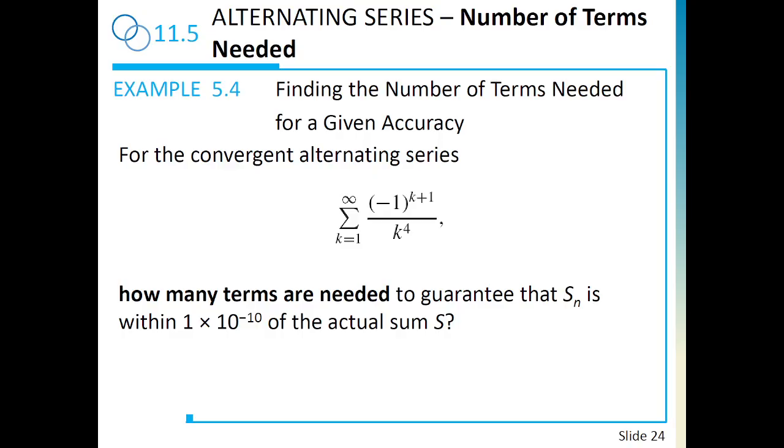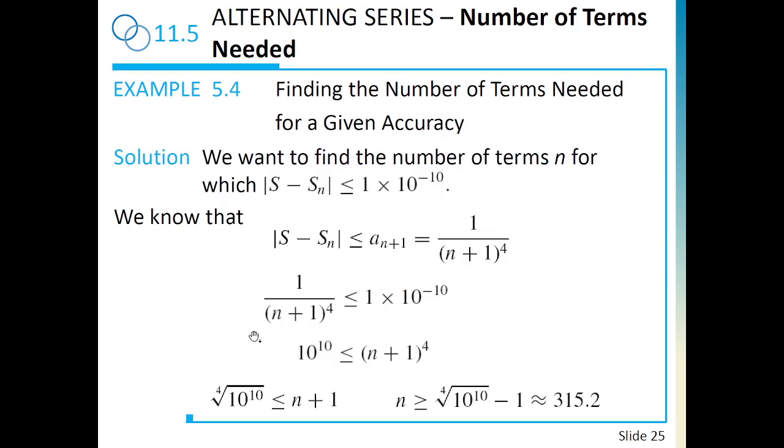Now the other type of question is, how many terms should we add in order for our approximation to have a certain accuracy? So here, how many terms do I need to add in this series? So the partial sum S_n. So what is the number n? Do I need to add 10 terms, 20, 5,000? How many terms should I add so that the error is smaller than 10 to power minus 10?